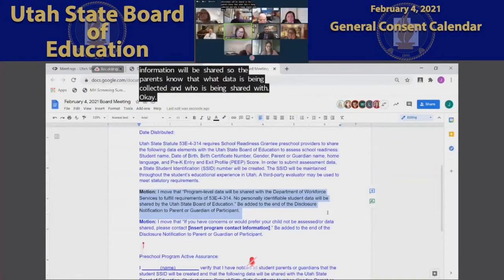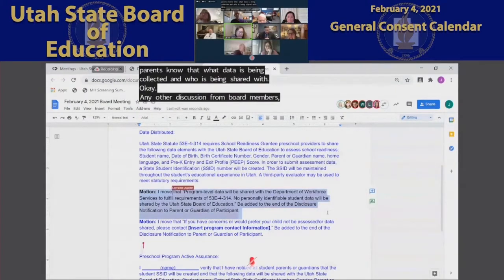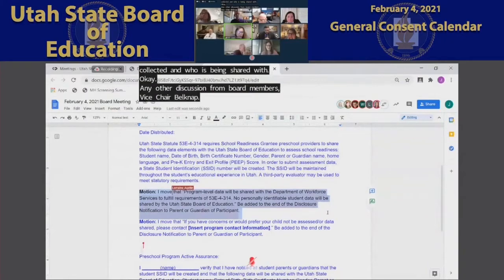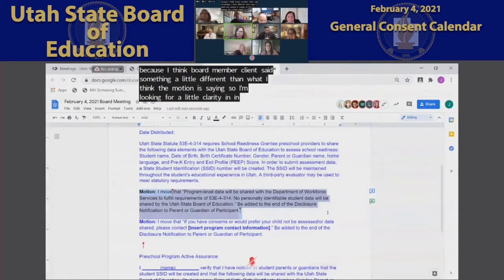In moving forward, you're saying that students who sign up in a preschool program, their parents need to sign off that the State Board of Education will not disclose any of their personally identifiable information to whom? Okay, there's a question for the motion maker.